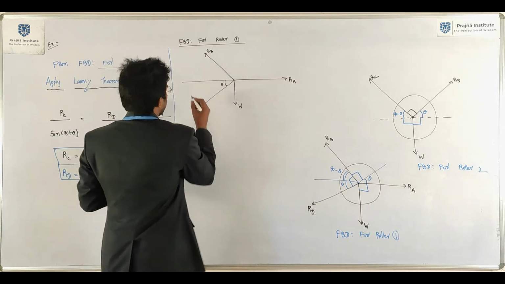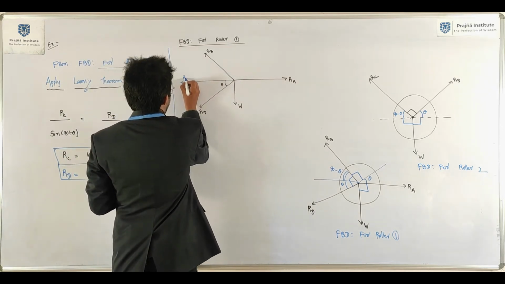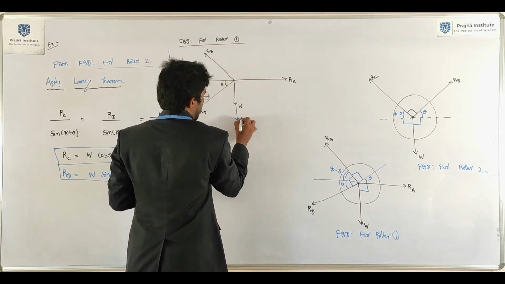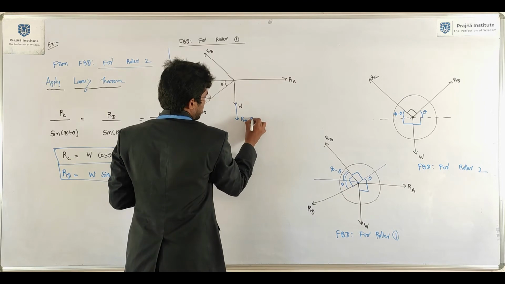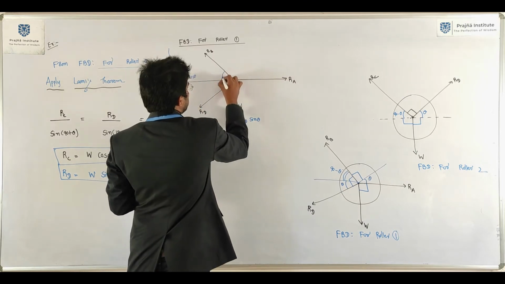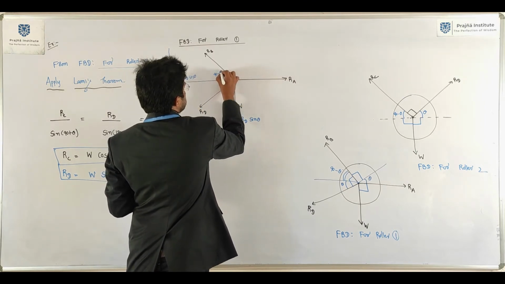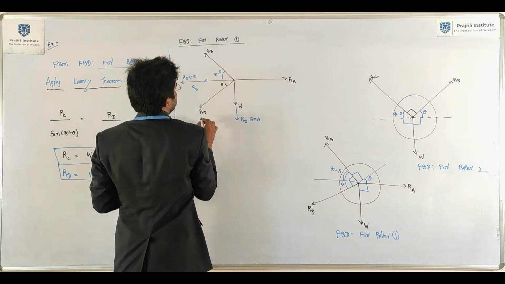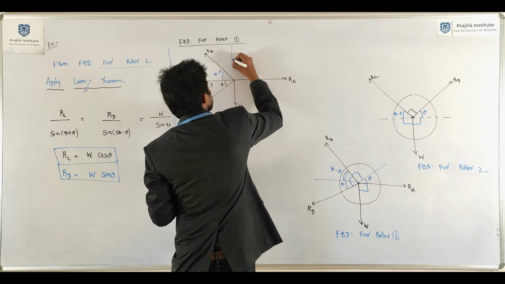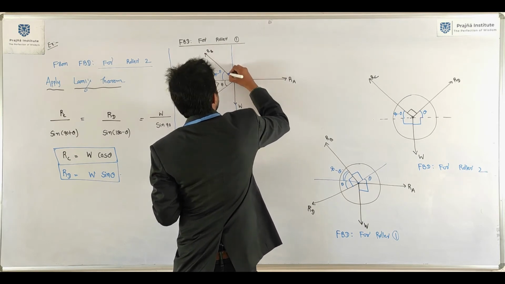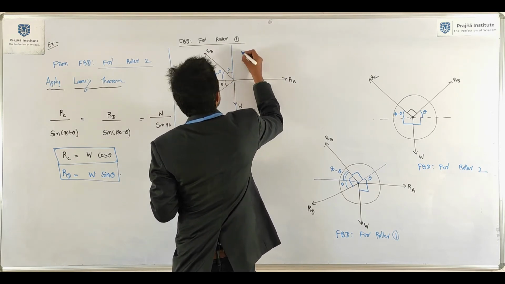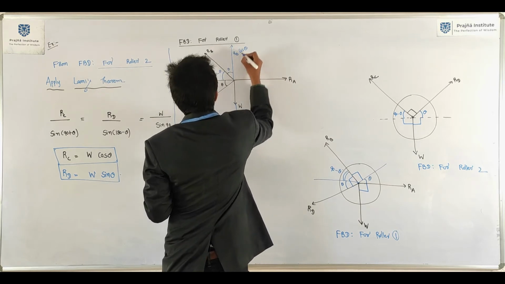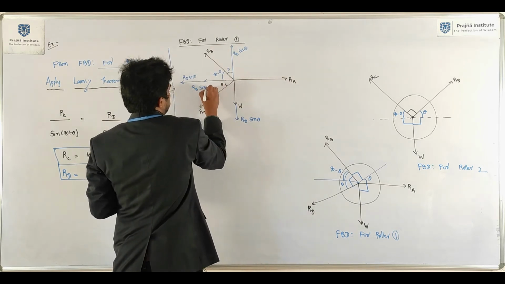We need to resolve the components: RD cos theta, RD sin theta. Here it is 90 minus theta, in that case RB, here it will be theta. So RB cos theta, RB sin theta.